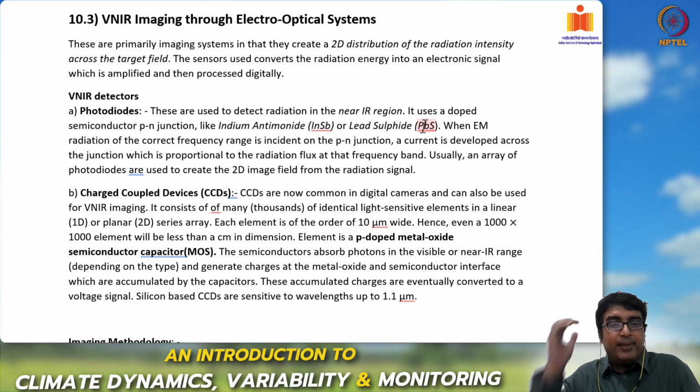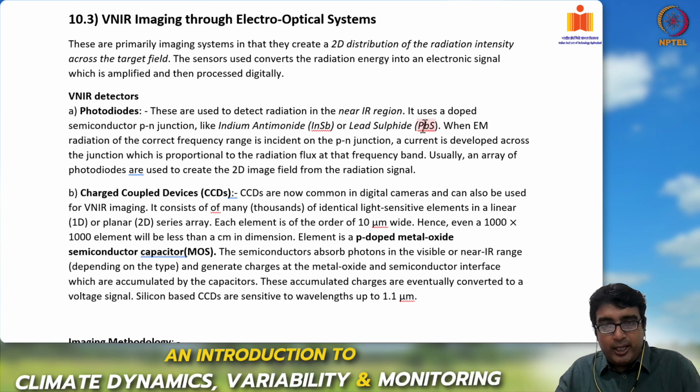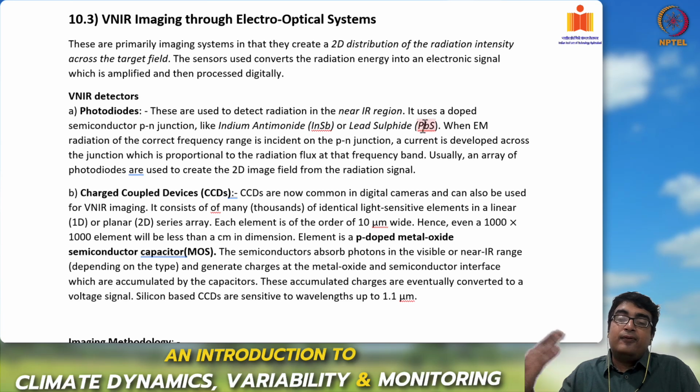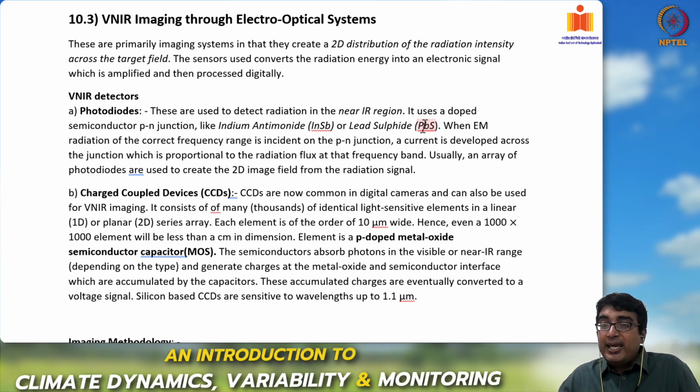So it's a p-doped indium antimonide versus n-doped indium antimonide, or a p-doped lead sulfide on one side and n-doped lead sulfide on the other side. When electromagnetic radiation of the correct frequency range is incident on the PN junction of these materials, a current is developed across the junction which is proportional to the radiation flux at that frequency band.